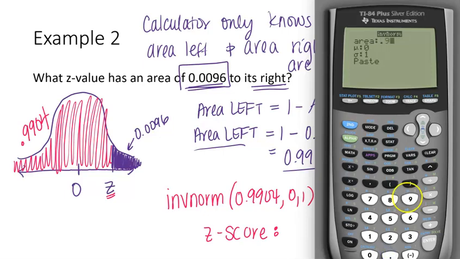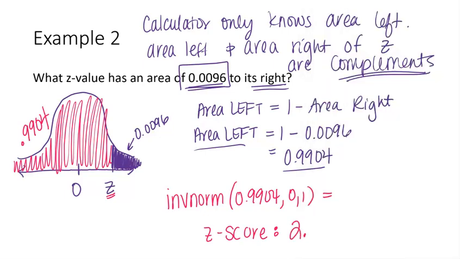Area is 0.9904. Mu, sigma, paste. Remember to round to 2 decimal places for our z-scores. 2.34. So this z is 2.34, a little more than 2 standard deviations above the mean. Good.